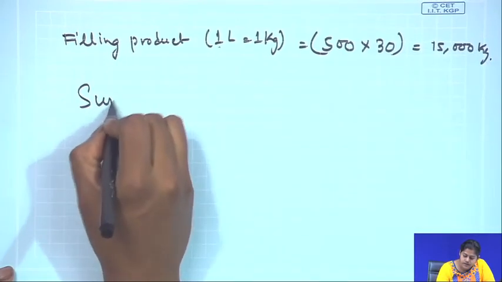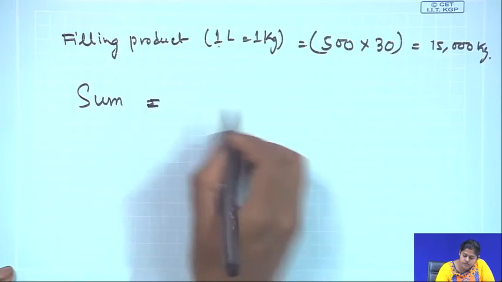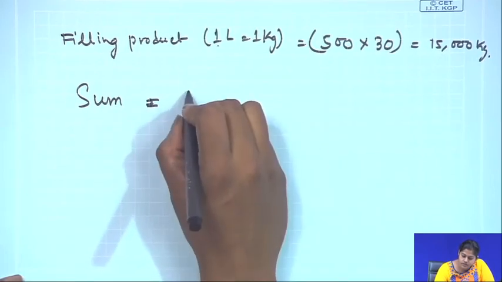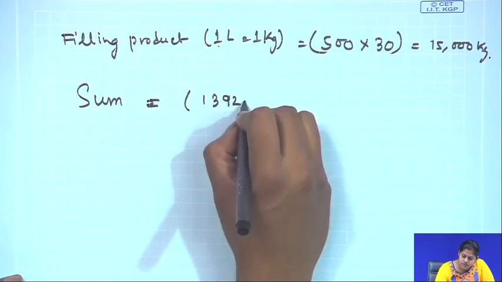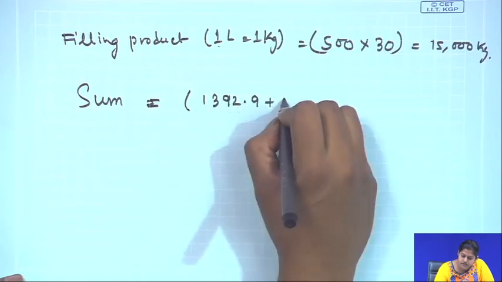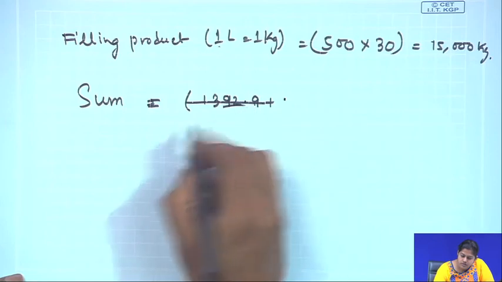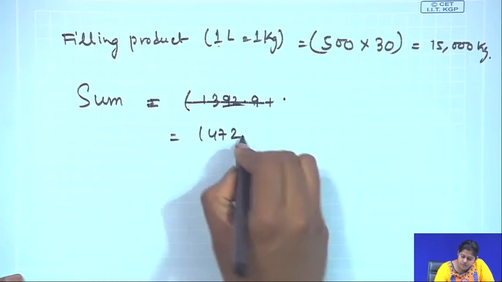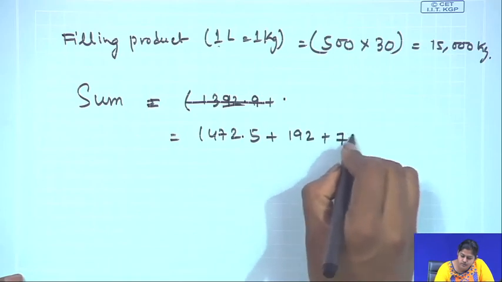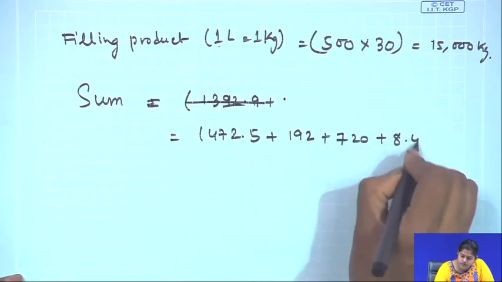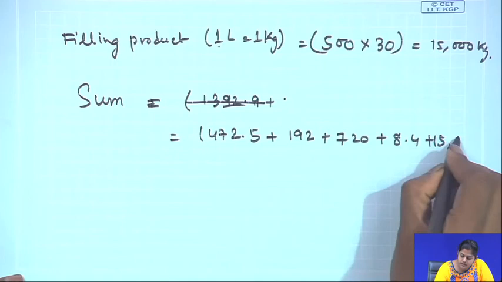Now, we will simply add all the components to get our total weight. So, this will be 472.5 plus 192 plus 720 plus 8.4 plus 15,000.